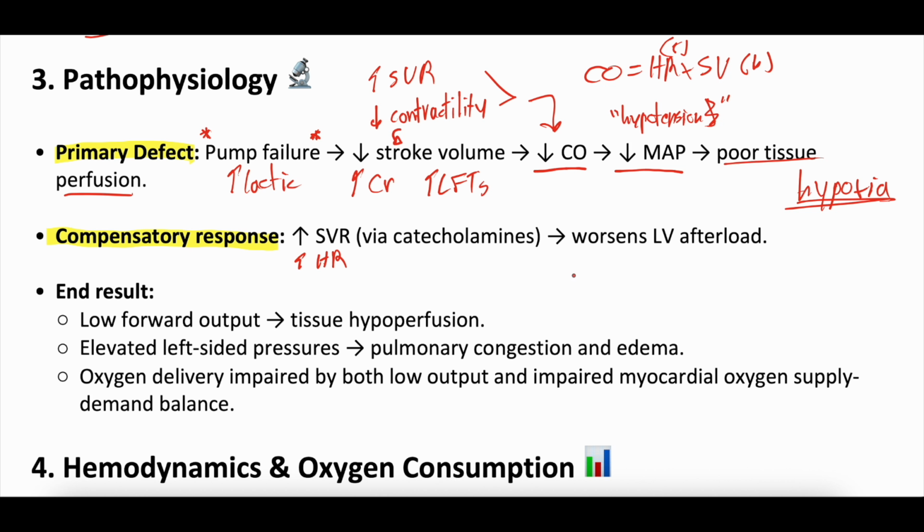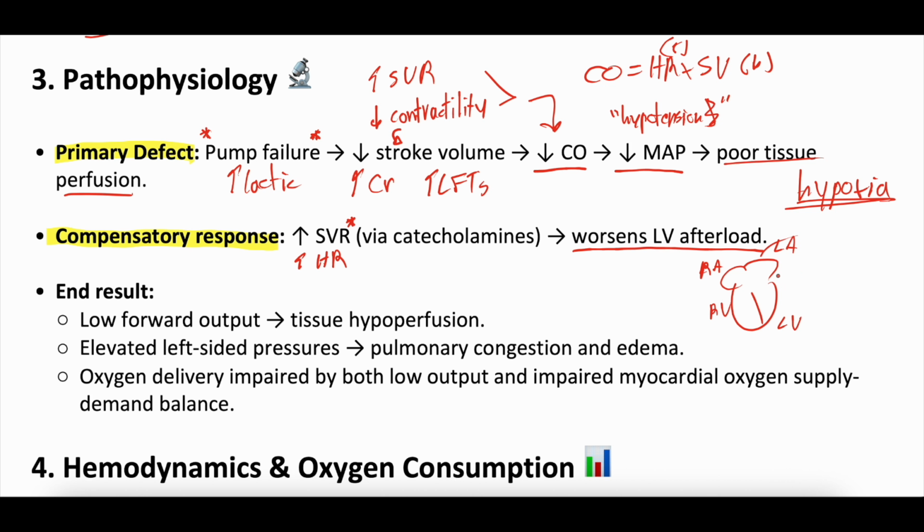But do note in cardiogenic shock, something unique about it, as compared to some of the other shock states, is the compensatory increase in your systemic vascular resistance, your SVR, actually increases or worsens the left ventricular afterload, right? So your left ventricle, we're drawing a poor picture of a heart, right atrium, right ventricle, left atrium, left ventricle.